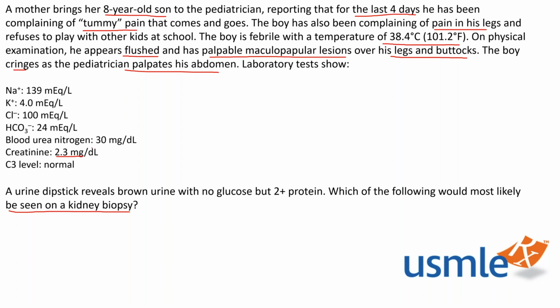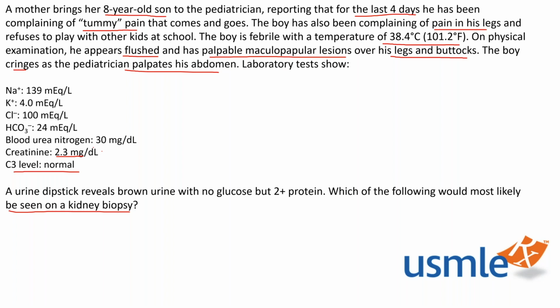He's not 80 with a bunch of chronic comorbidities. So that's a little odd. Something else to point out is the normal C3 level. They're giving you that information for a reason. Once again, the questions are written with a goal in mind. So just remember that when you see something, even normal levels of complement. Usually they don't include complement data in questions unless it's something you really want to know.